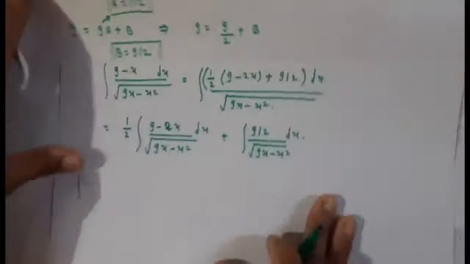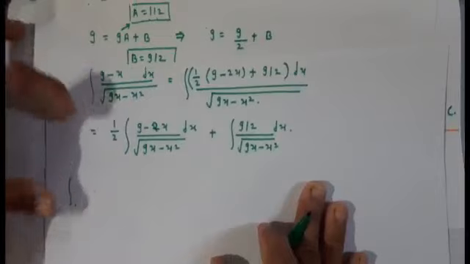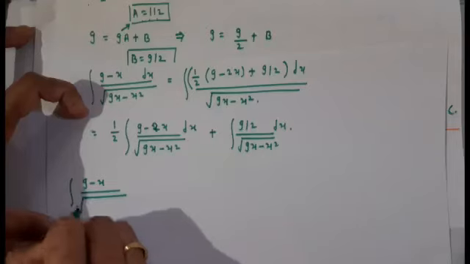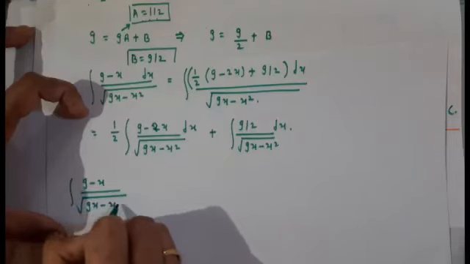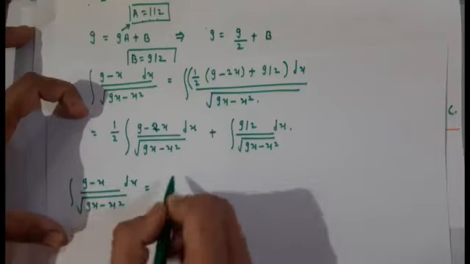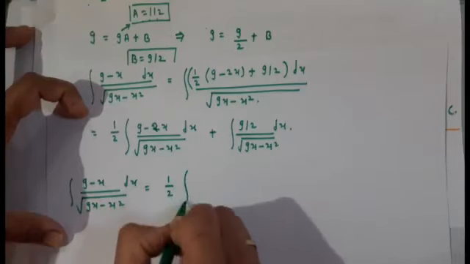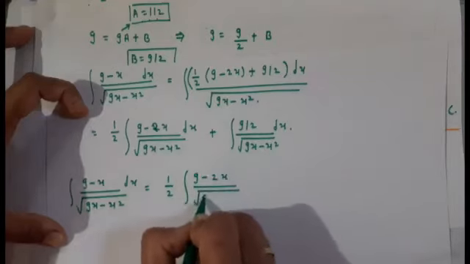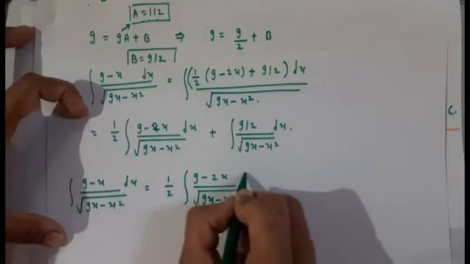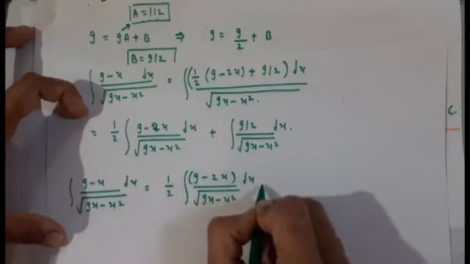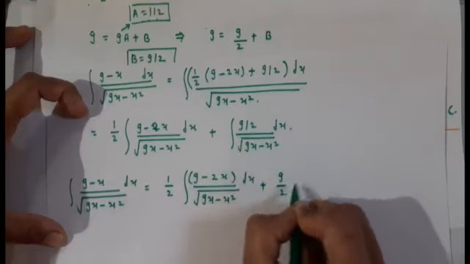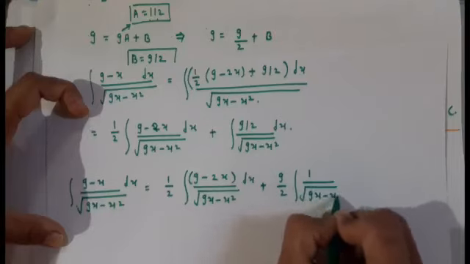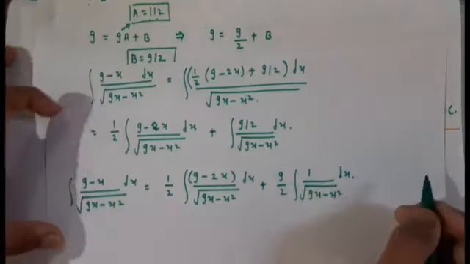Integration of (9 minus x) upon square root of 9x minus x square with respect to x equals 1 by 2 integration of (9 minus 2x) upon square root of 9x minus x square with respect to x, plus 9 by 2 as a constant, take it outside, integration of 1 upon square root of 9x minus x square with respect to x.